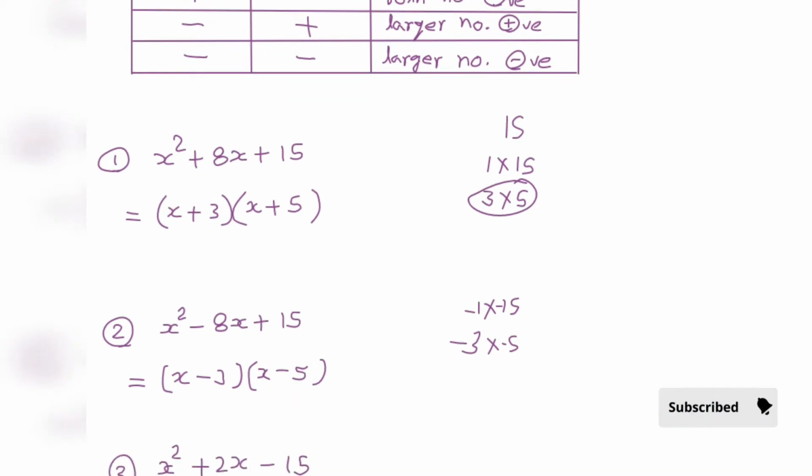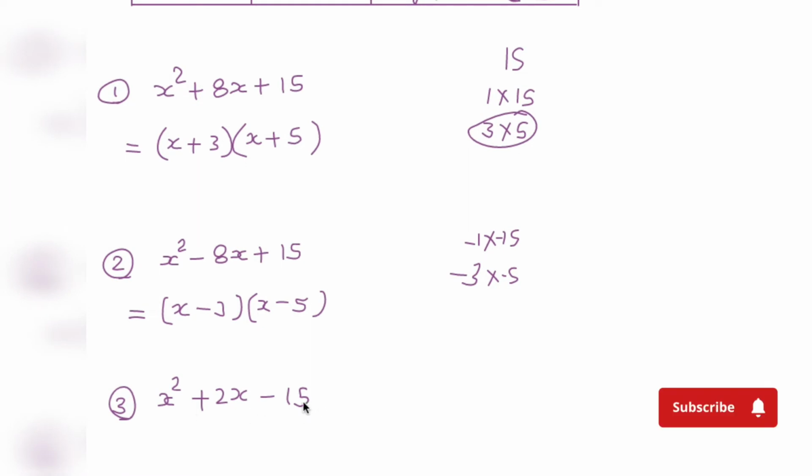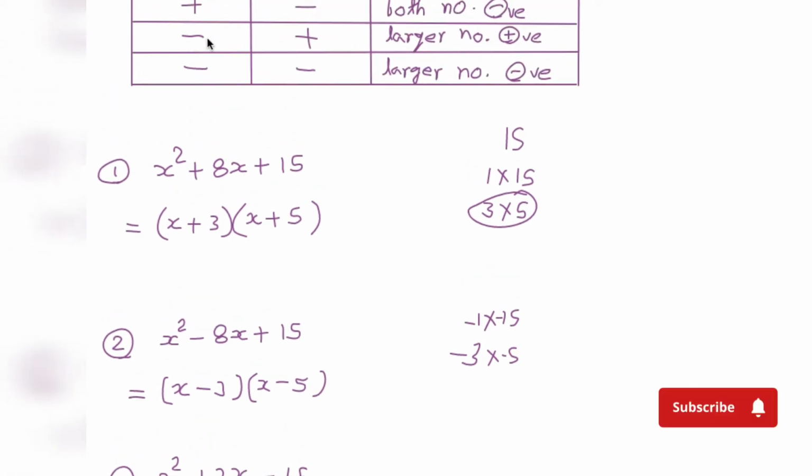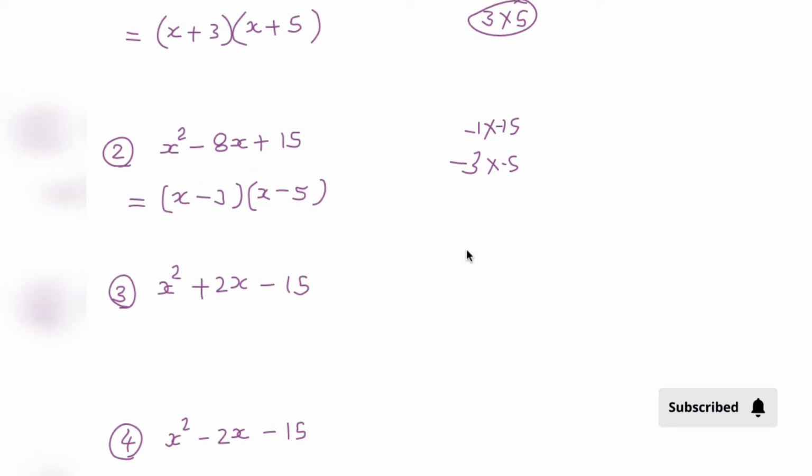Okay. Now here the product is negative and the sum is positive. It means this situation: product is negative, sum is positive, so the larger number is positive. Here again 15, so 1 times 15, the larger number positive, this one negative. 3 times 5, the larger number positive, this negative.